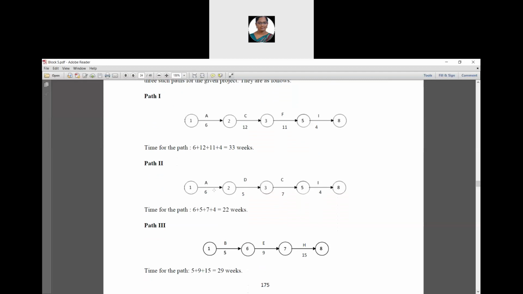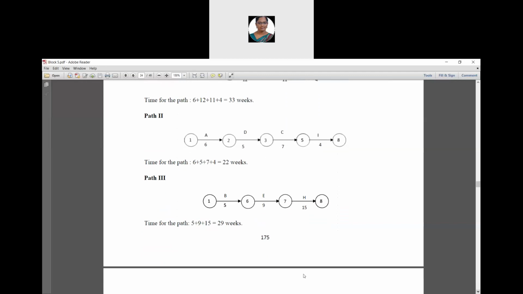So 1 to 2 has activity A and its time duration is 6. 2 to 3 has activity D and its time duration is 5. 3 to 5 has activity G and its time duration is 7. And 5 to 8 has activity I and its time duration is 4. So the time for this path 2 is 6 plus 5 plus 7 plus 4. It is 22 weeks.